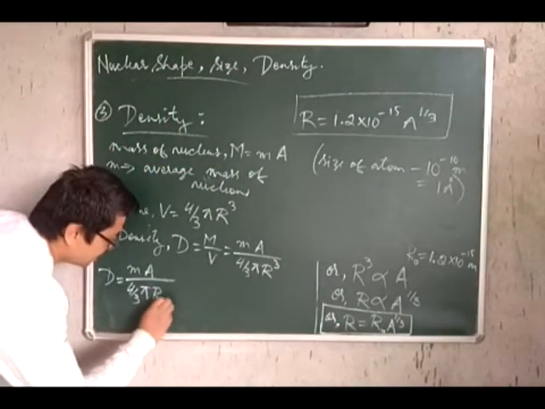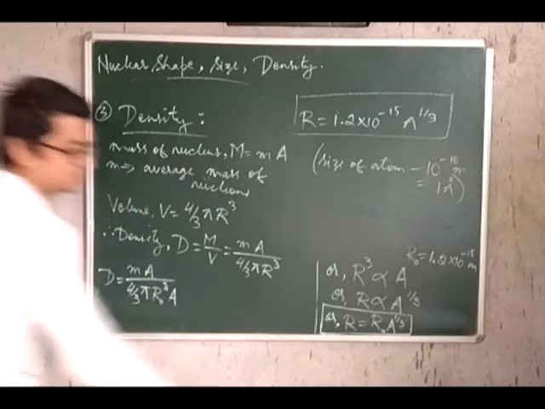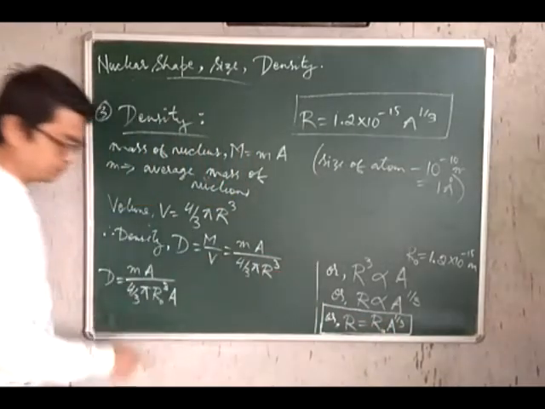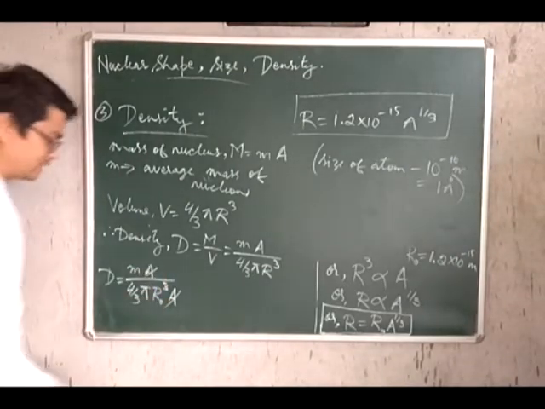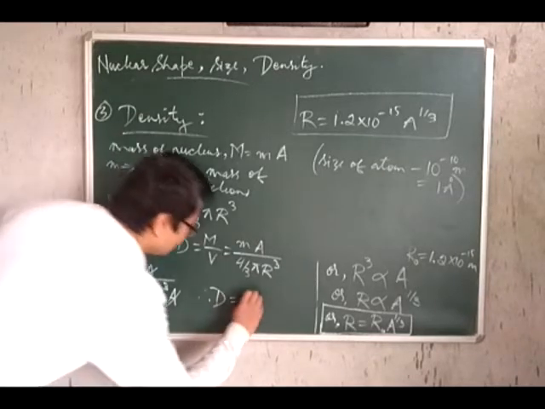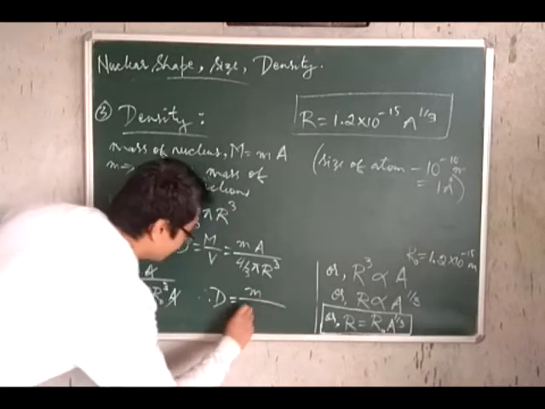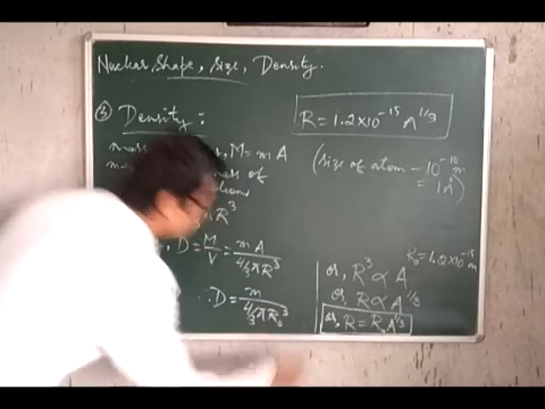So this can be written as r naught cube into A, because A to the power 1 by 3 whole cube will be simply A. So this A and this A divide each other out, and therefore we see that the density is m divided by 4 by 3 pi r naught whole cube.